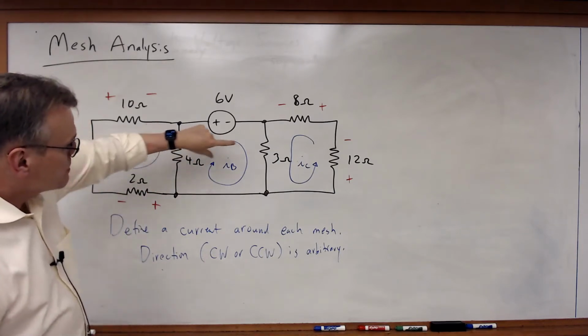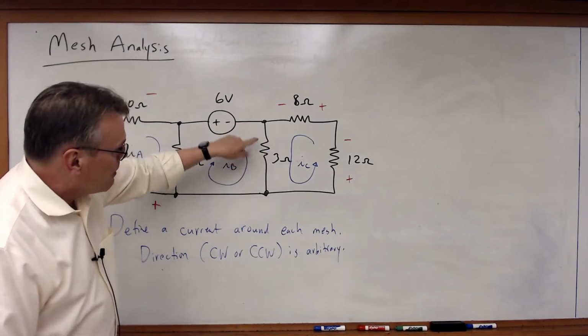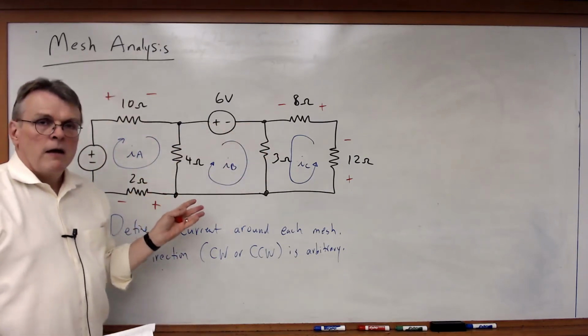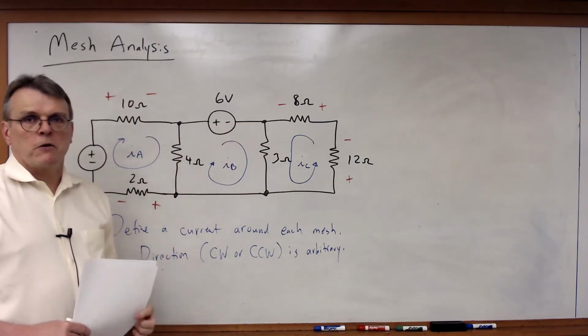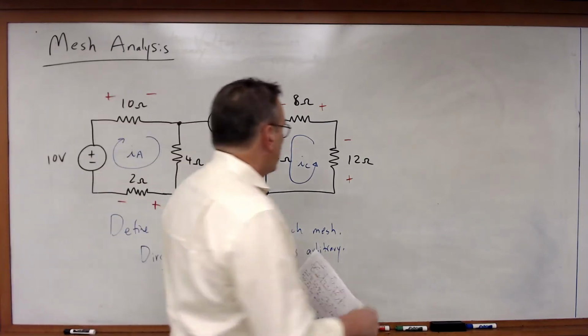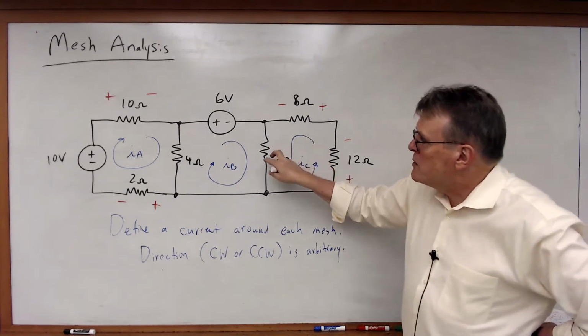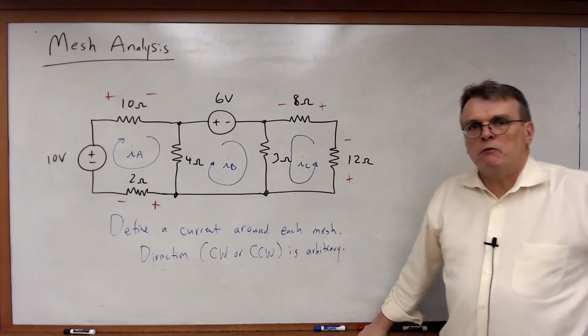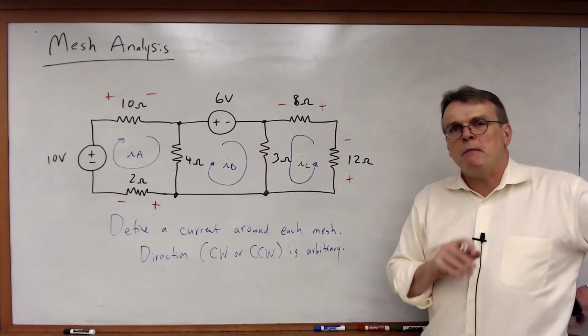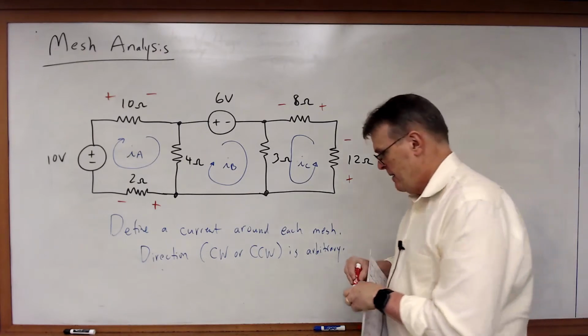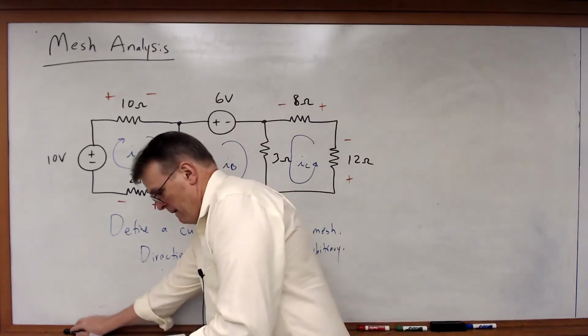So the current in the resistor is a combination of the 2 mesh currents. What do we do about a situation where the resistor has 2 mesh currents flowing through it? How do we do the passive sign convention? Let's consider this.